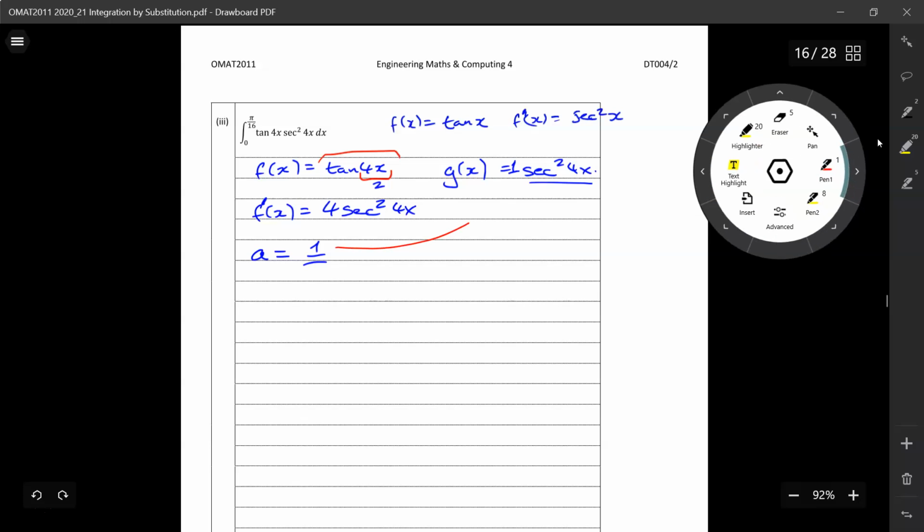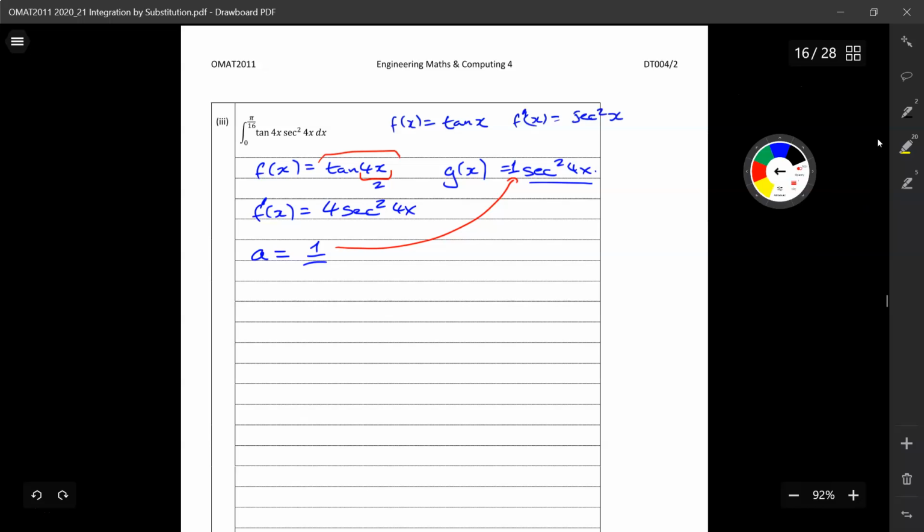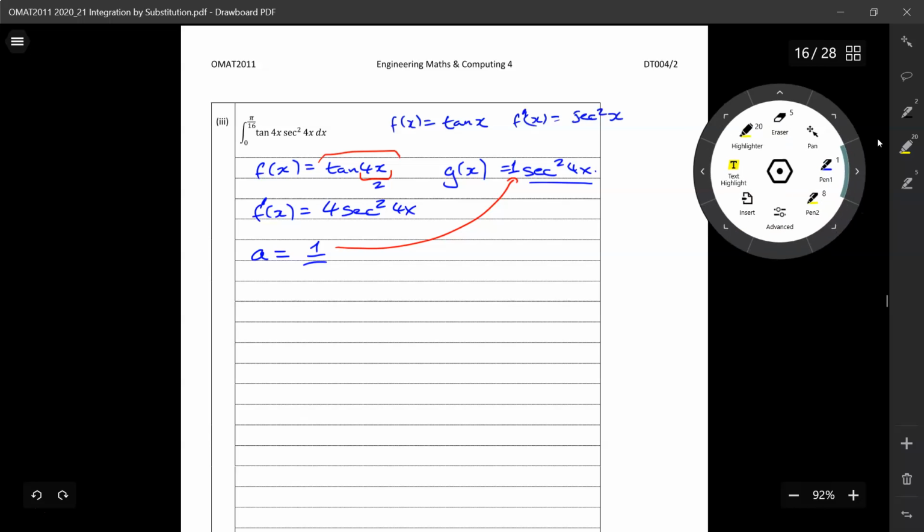So that's the coefficient of sec squared x in g at x, and then you're dividing that by the coefficient of sec squared x in f prime of x. So we get a is equal to a quarter. And then the question is, is a times the first derivative equal to g at x, the other function?